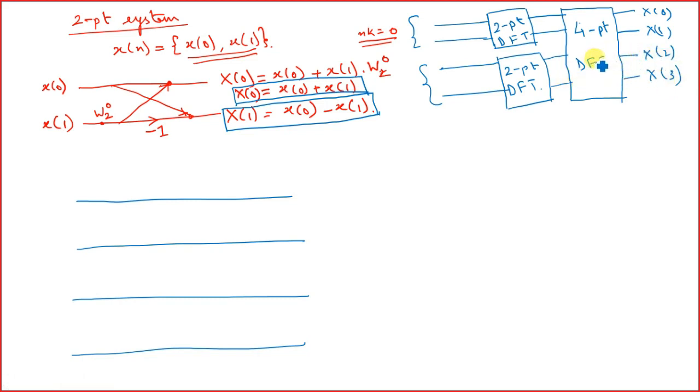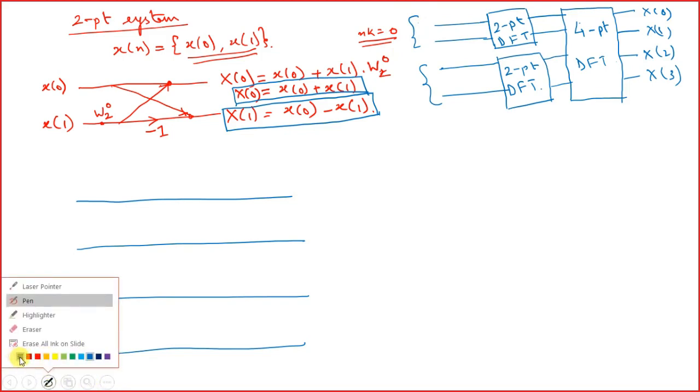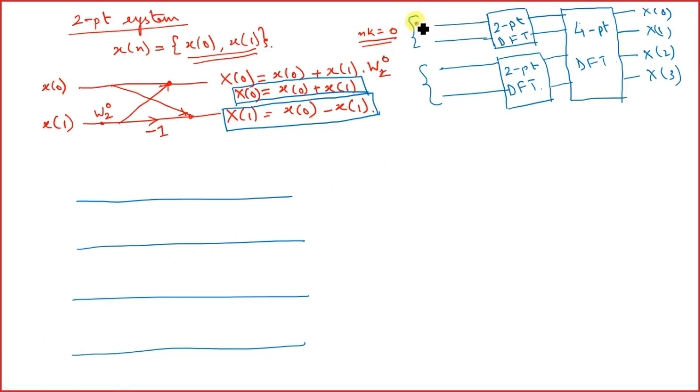I said it should be in the decimated order. So what should be the decimated order over here? The decimated order would be x0, then next one is x2, x1, x3.